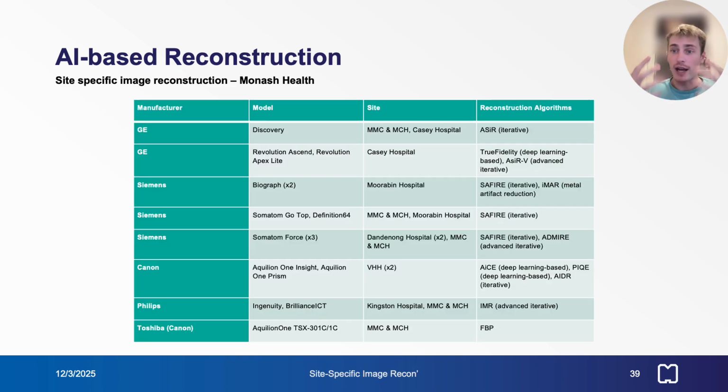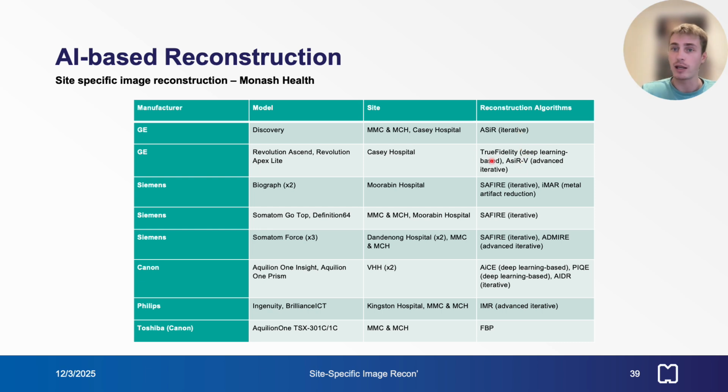So at Monash Health, we have many sites and we have CT scanners from different manufacturers and different models. So we have scanners from GE, such as the Discovery, Revolution models, which have iterative reconstruction algorithms.